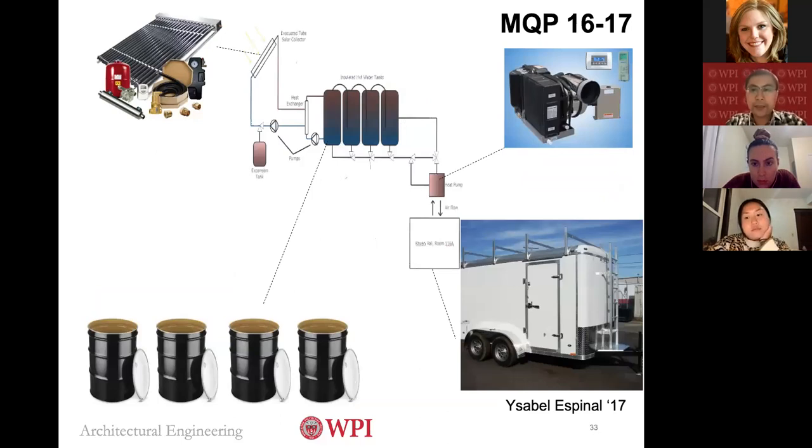Another project was designing a thermal storage system, and the idea is to use solar energy and store energy to provide heating to a trailer. So this could be a small house in your yard, and using just solar energy, this small trailer can stay in relatively comfortable condition in Worcester.